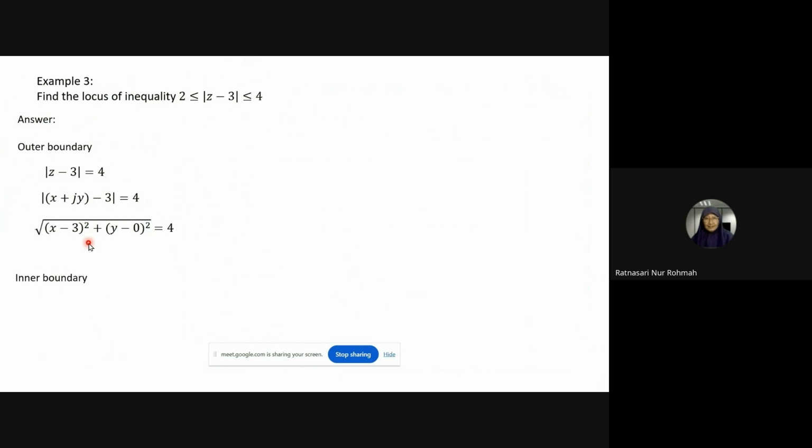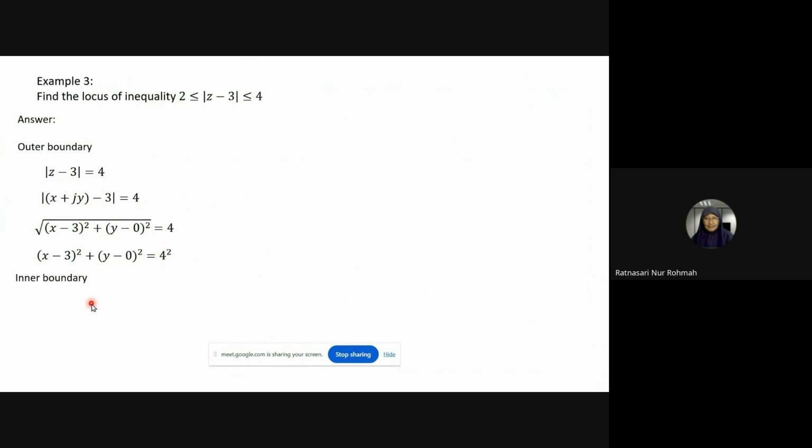By squaring the left part and the right part, we have x minus 3 square plus y minus 0 square equal to 4 square. We know that this is the expression for a circle line in the xy plane with the center of the circle at 3 and the radius of the circle is 4.